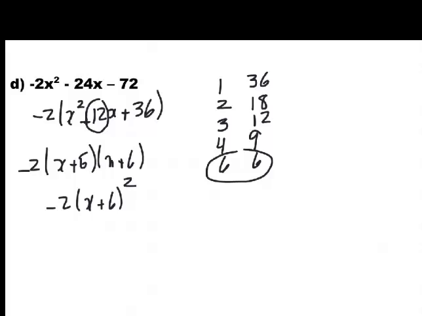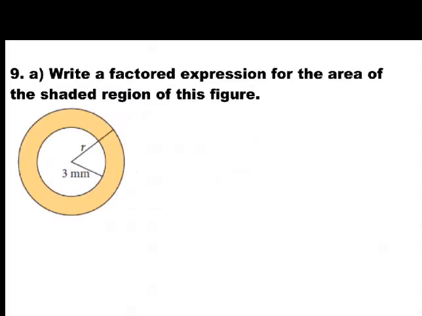squared. The next question says, write a factored expression for the area of the shaded region of this figure. The shaded region is this part. To find that, I'm going to subtract the smaller area from the bigger one. The bigger one, the area, is pi r squared. The small one is pi times 3 squared.